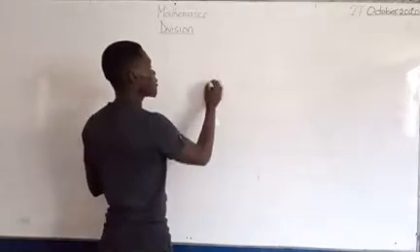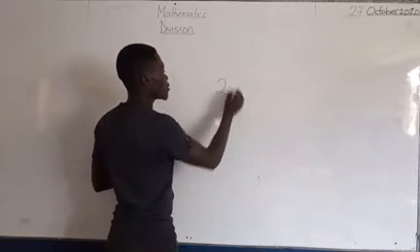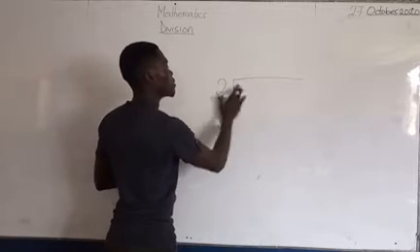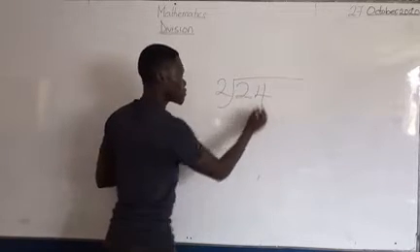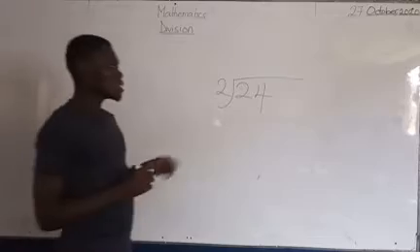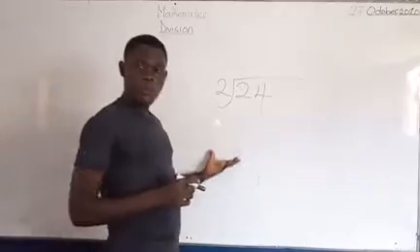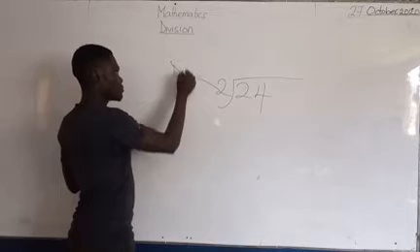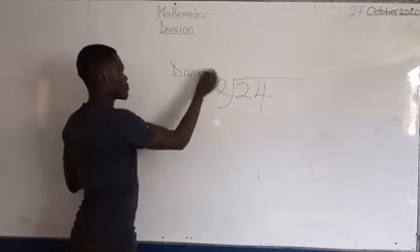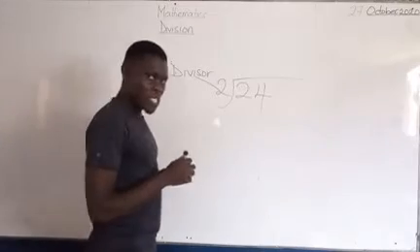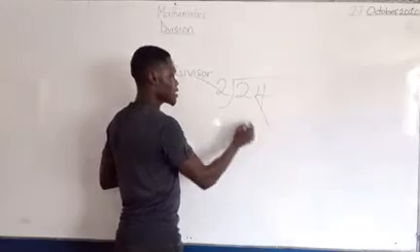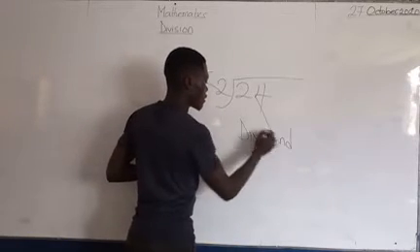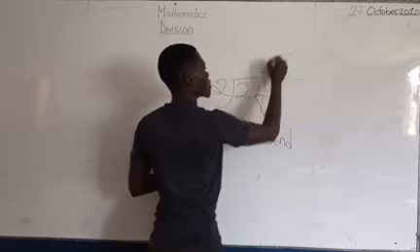Now, assuming we have 24, the same arrangement: this is the divisor, this is the dividend, and the answer that you get is the quotient.